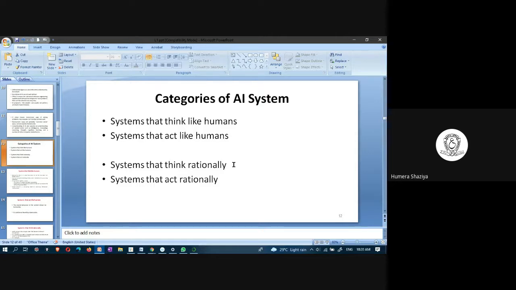That thinks rationally. Thinking rationally means thinking objectively, thinking logically, thinking in such a manner that you could explain your actions, your ideas. That is thinking rationally, and that is what you want systems also to do.